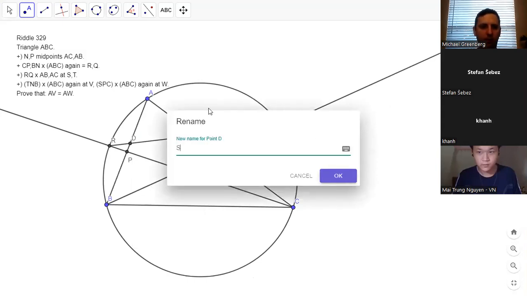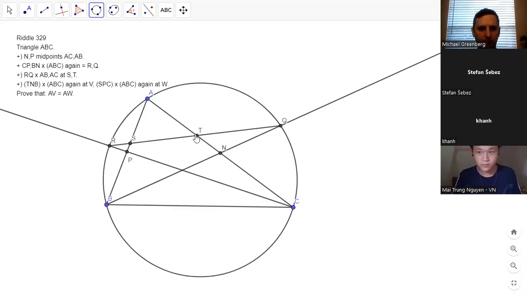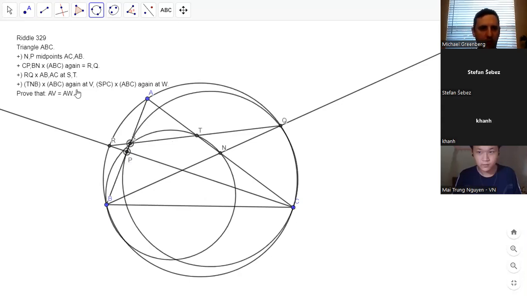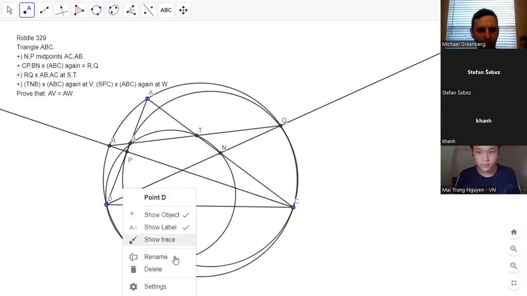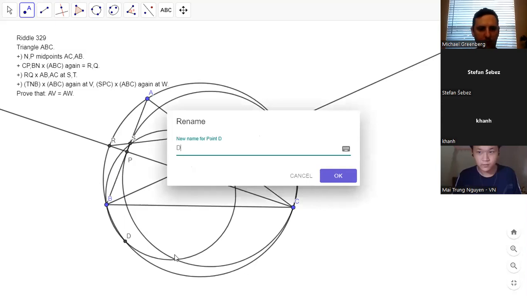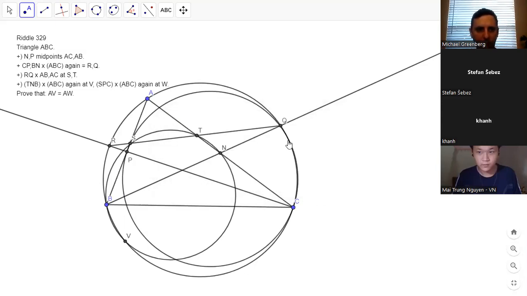Then we see, where do the circles TPB and ABC intersect at V, and SPC and ABC intersect at W. So this is V, and this is W, maybe right there.